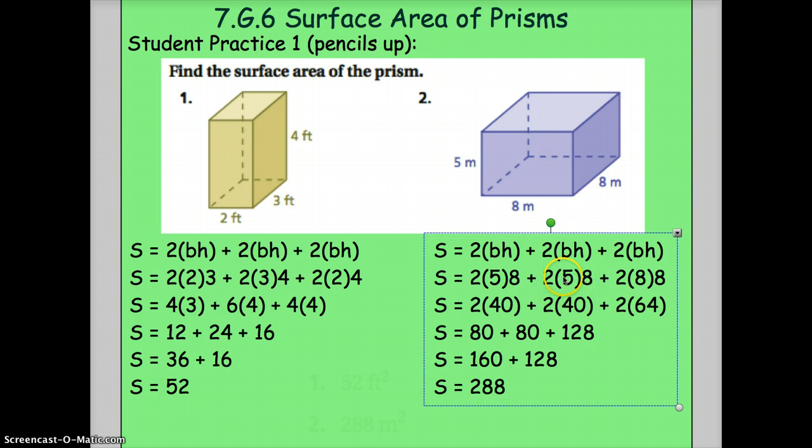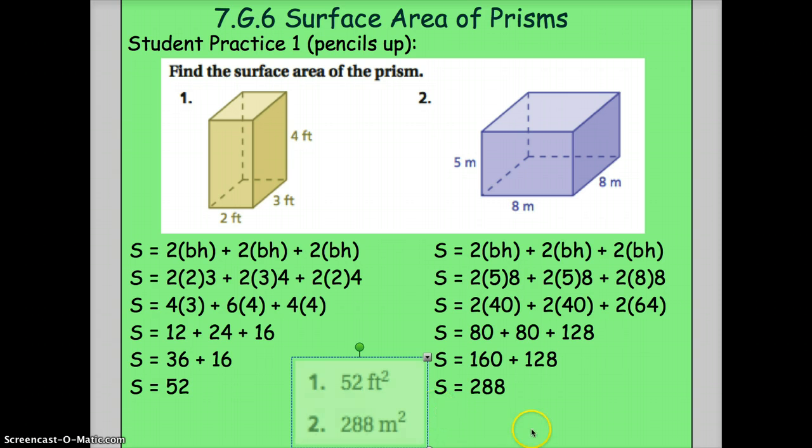Then we have another piece that's 5 by 8, this side and this side here. So we actually have 4 sides that are all the same, and then we have 2 sides that are 8 by 8. Now, if you made this the base when you did this on your own, it doesn't matter. That'll also work. Notice we're doing our multiplication here, then addition, then more addition, and we have our final answer.